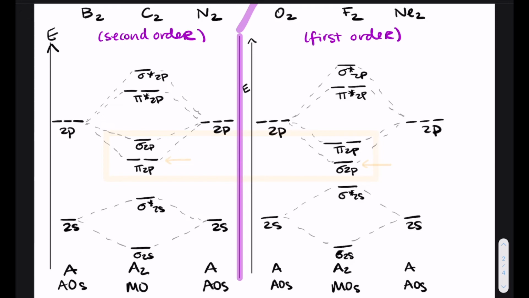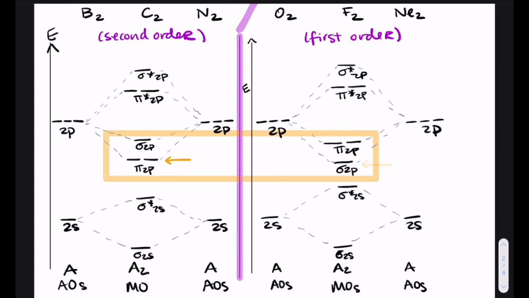So the things that I've used to remember this, or to get my brain to do it in the right order: the first half of the p block uses second order, and the second half uses first order, which is a little crisscross weirdness. However, the good news is that in second order, the level with two orbitals is the lowest.